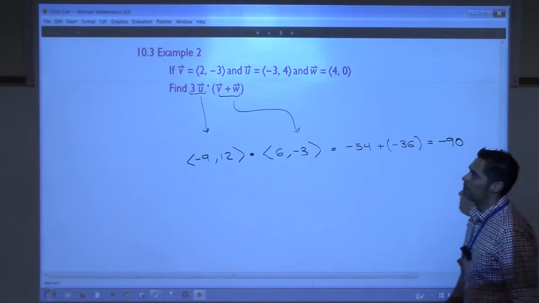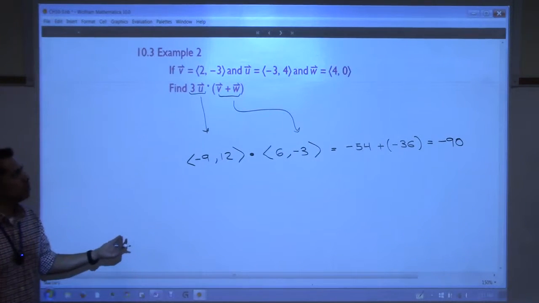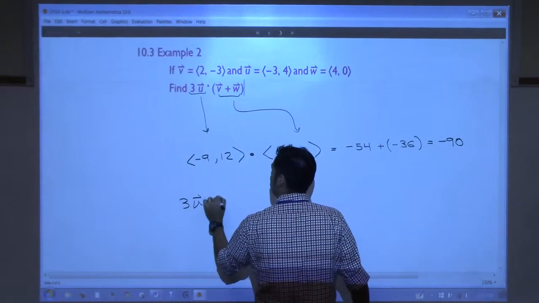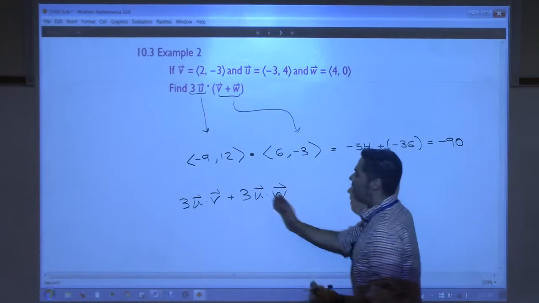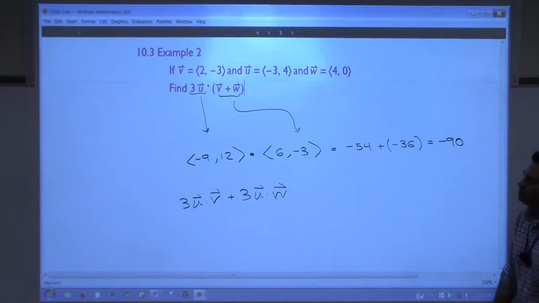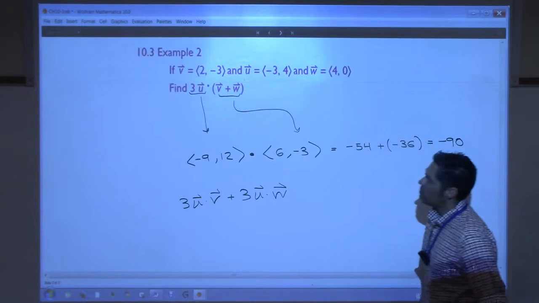Now you could have used properties on this. If you wanted to, you could have done 3u dot v plus 3u dot w, and you would have also got -90. But I just did it the way that most people would have. Take care of this, put them together.